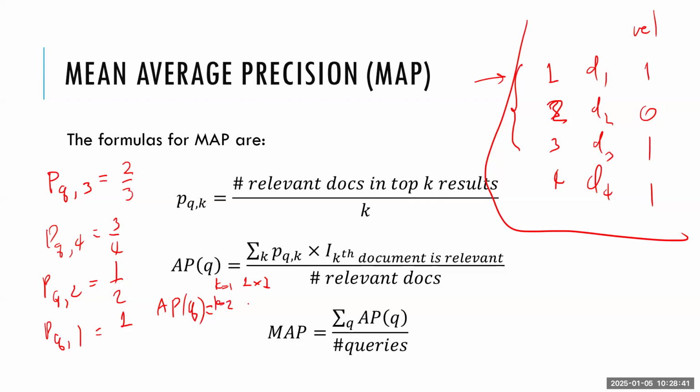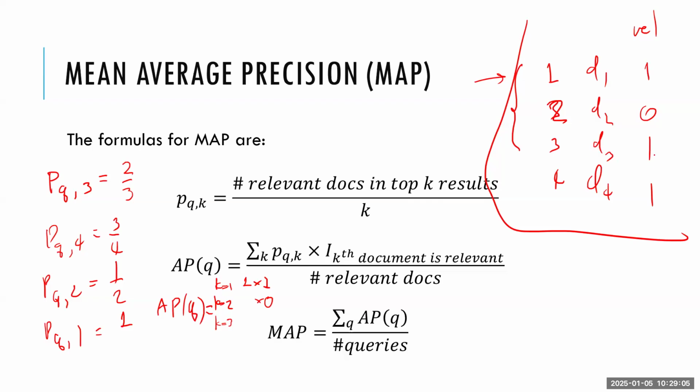For k equal to 2, is the second document relevant? It's not relevant, so you multiply by 0, so you don't care about the score at that spot. For k equal to 3, you look at the top 3.